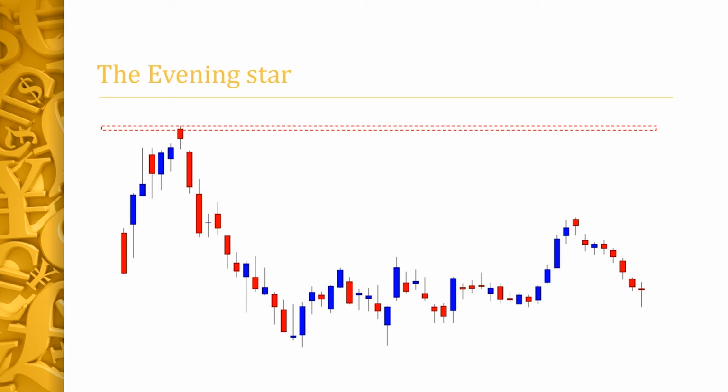But once again, as we are using them in forex, we don't have gaps a lot, so this rule has to be tweaked. So this body may look something like this, and the body of this one may look something like this in forex. That's still okay. Sorry for my drawing, I'm bad at that. And that was the evening star, guys.